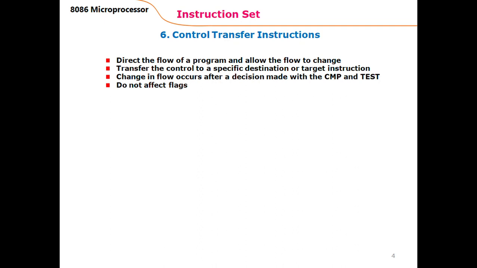These instructions transfer the control to a specific destination or target instruction in the program, and the change in flow occurs after a decision made with a compare or test instruction, and these instructions do not affect flags.